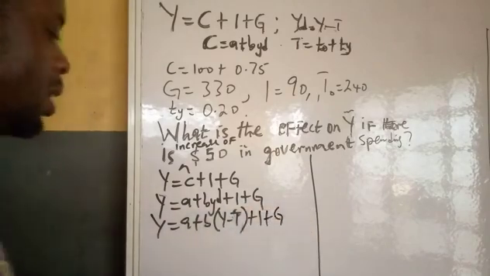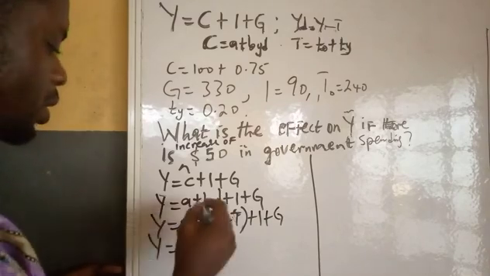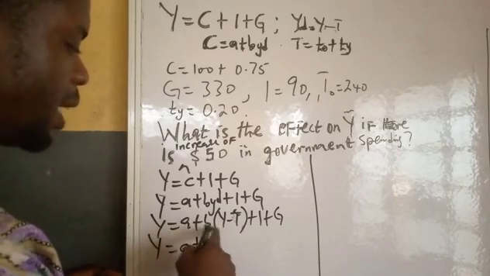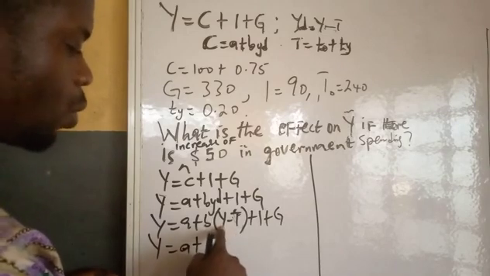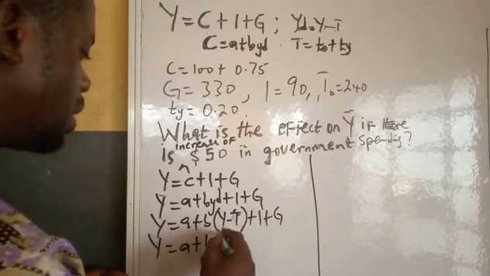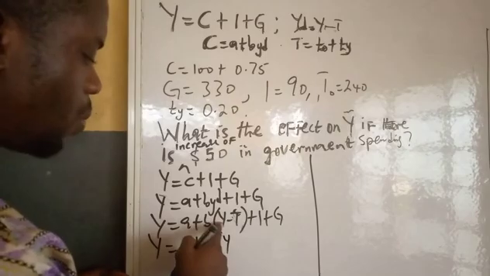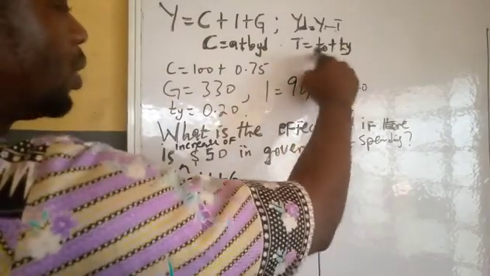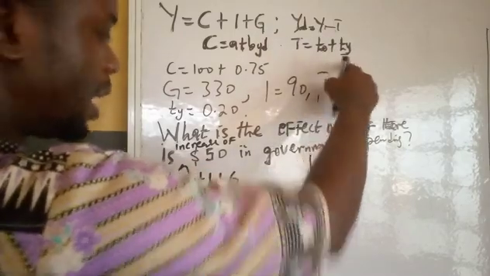So we write it back. Let's take it again. Then we have y equals a plus b. Now, before we open any bracket here, ask this in the bracket: do they have a function? Y, does it have any function? No. T, does it have a function? Yes. So you have to continue writing. Y minus t, where t is divided into two now, so it has a function: t naught and ty.